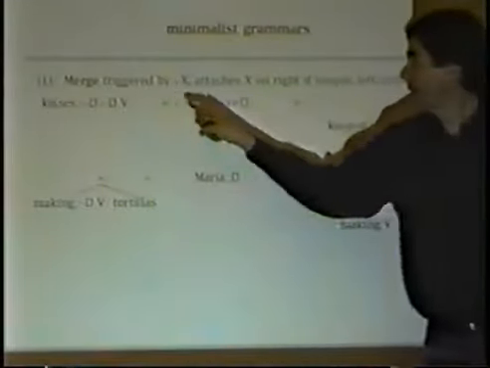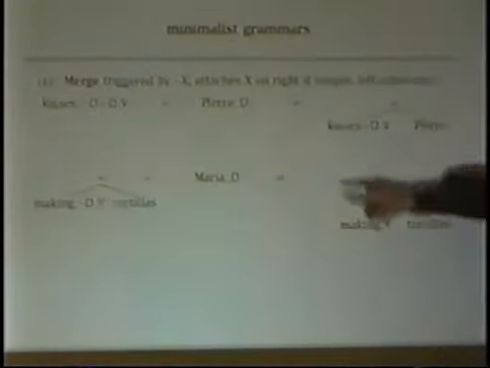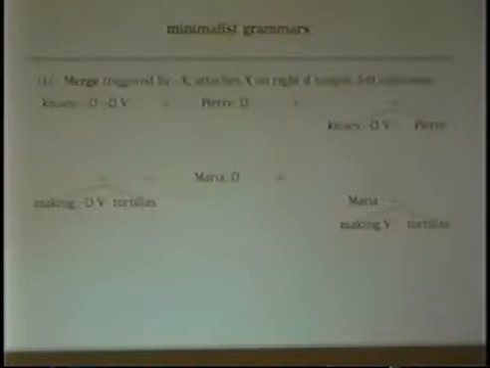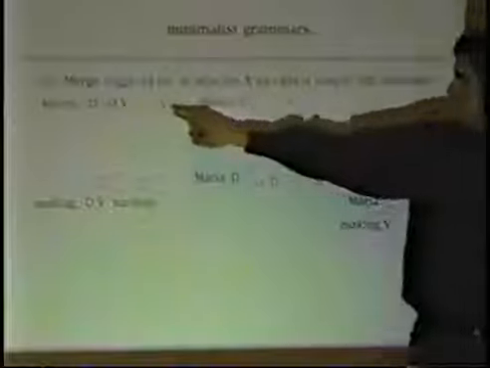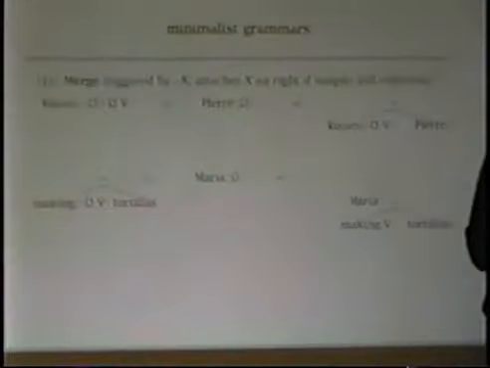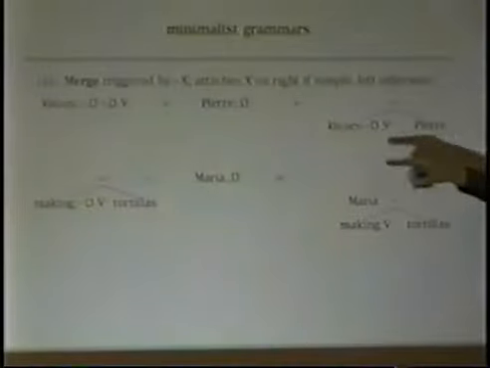So if we combine kisses with something of the appropriate category like Pierre, we will get a structure like this, where the selector and the thing selected, these features cancel each other, like in categorial grammar. And we form this structure where kisses is ordered before Pierre.